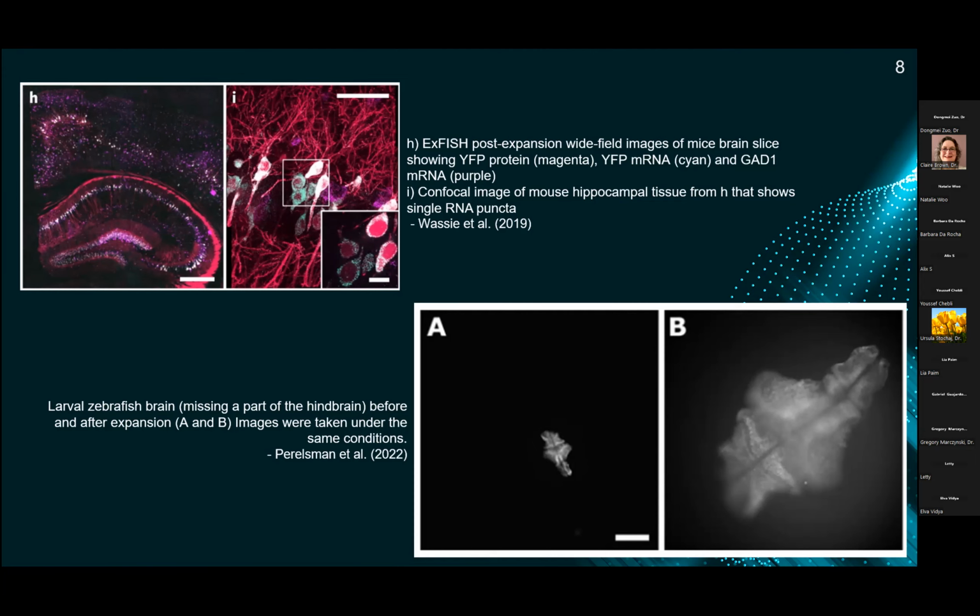You can see the YFP protein in magenta, the mRNA in cyan, and the GAD1 mRNA in purple. And then here on the right is a confocal image. So now you've advanced your microscopy equipment and you can look further. That shows the single RNA puncta, taking up the image from H.